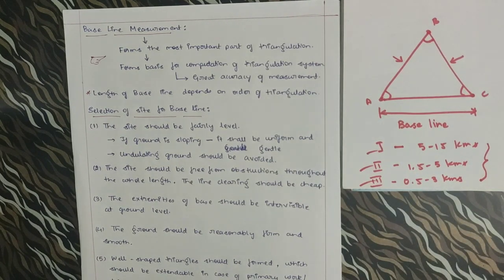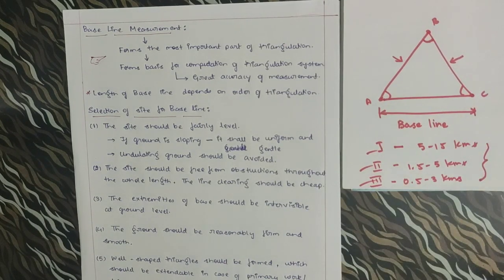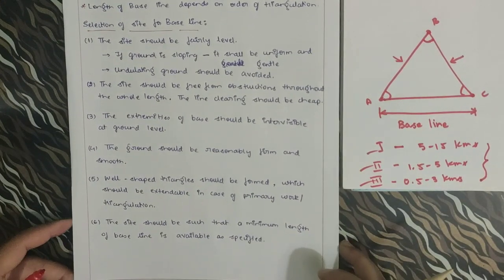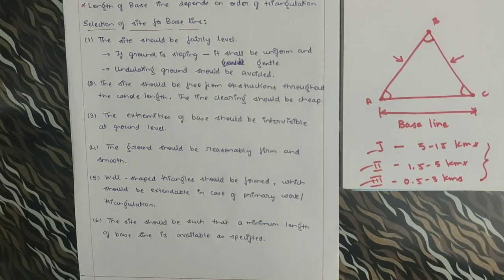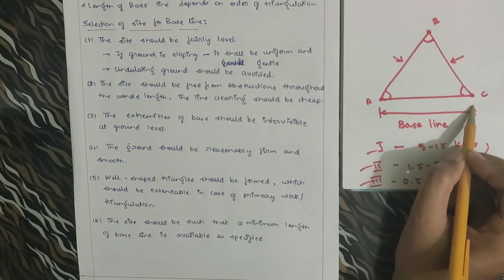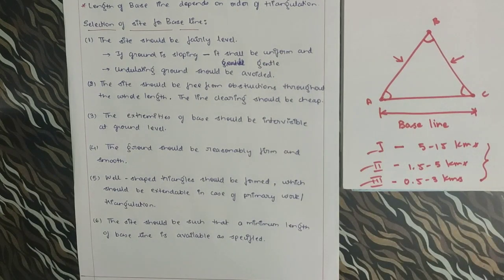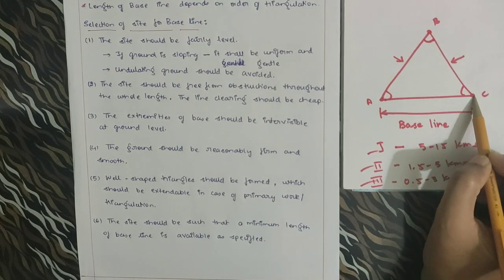Then coming to the next topic, that is selection of site for the baseline. The points to be kept in mind are like this. First, the site should be fairly level. When the site is fairly level, you can measure the distance between these two stations very easily.